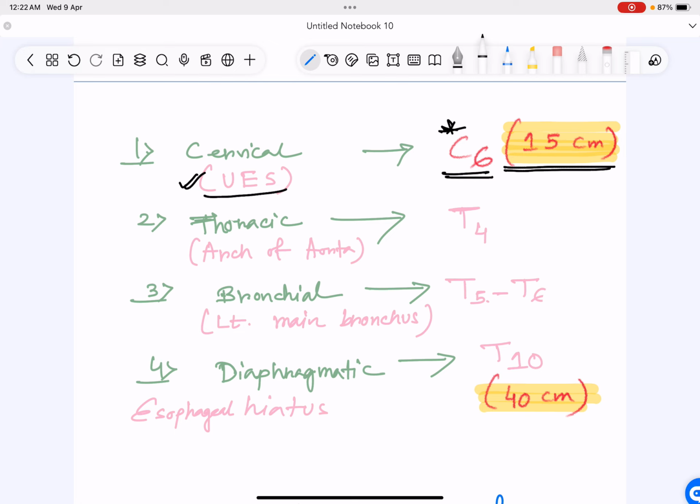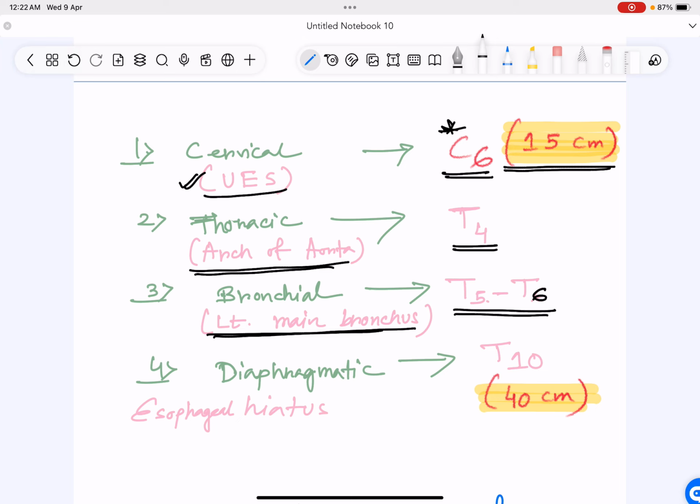We have the first constriction. The second constriction is by the arch of aorta, which is at the T4 level. The next one is by the left main bronchus, which is at the T5, T6 level. So first the arch of aorta and then the left main bronchus constrict.